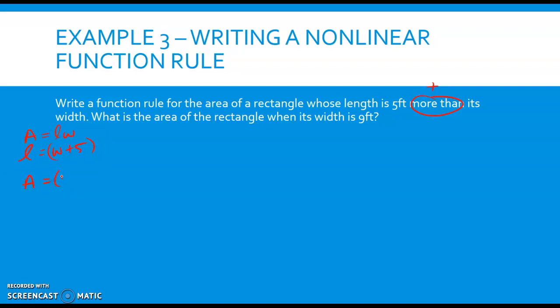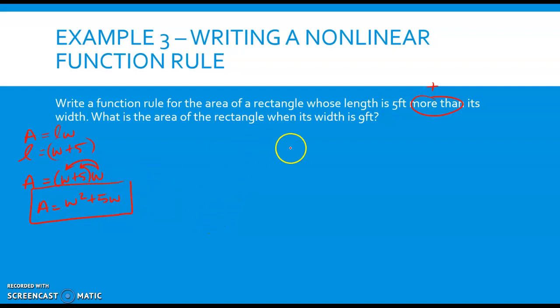So I've got width plus 5 times W. And then to simplify, I'm going to distribute my W. So my area is going to equal W times W is W squared, and then W times 5 is 5W. So the area for this rectangle is W squared plus 5W.